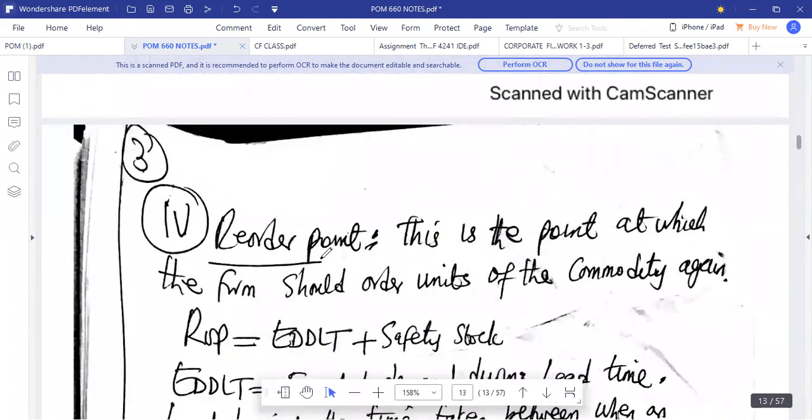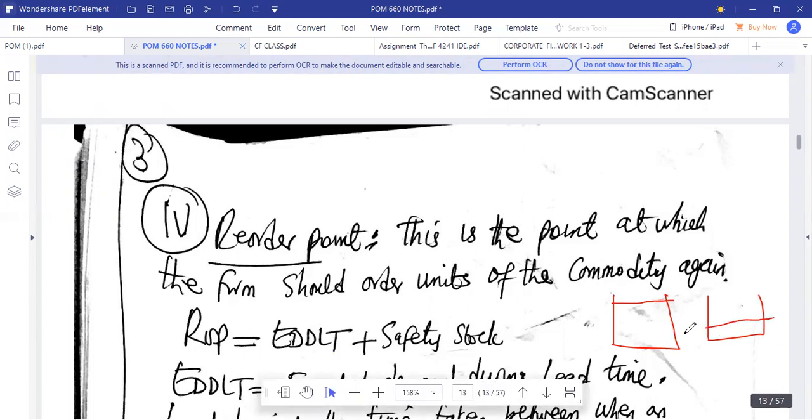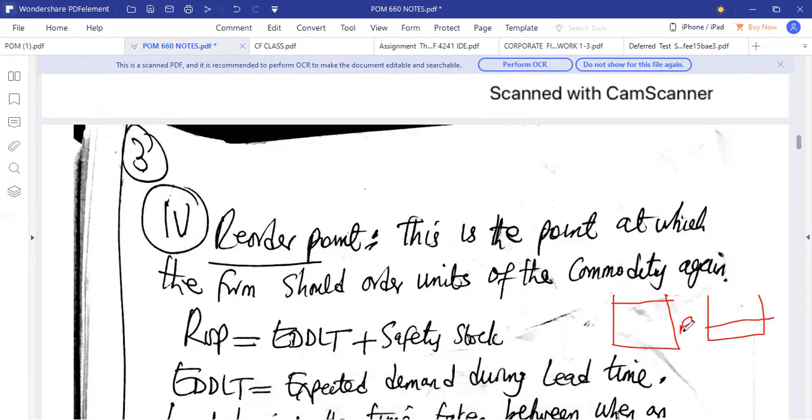Then the order point is the point at which the firm should order units of the commodity again. So don't wait for the bag of mealie meal to completely finish at home before you order another bag. You get a bin, and when the mealie meal reaches this level, this is your ROP, the reorder point.